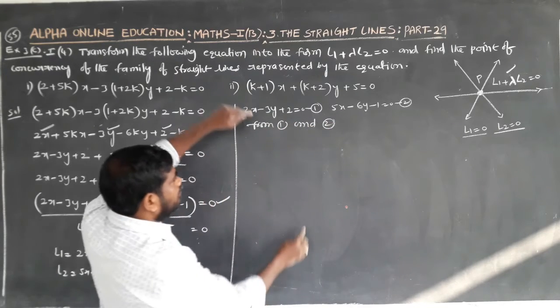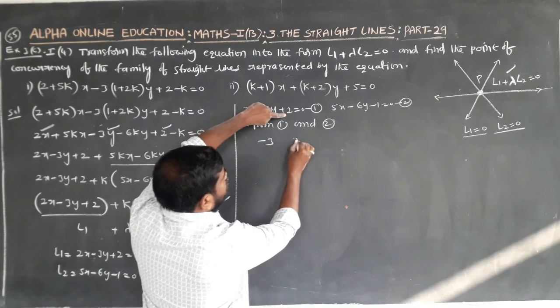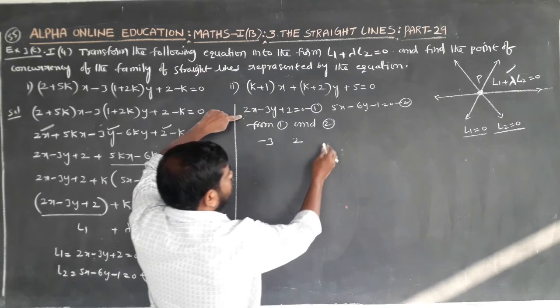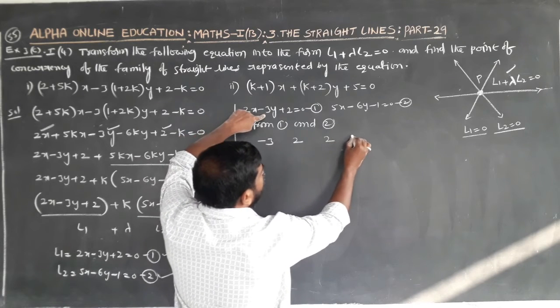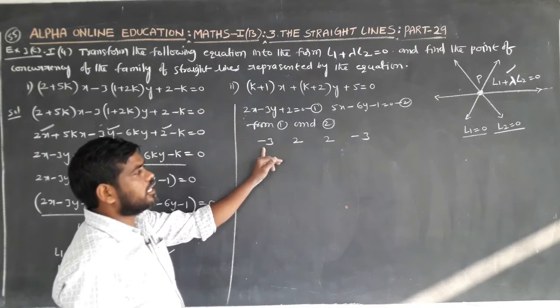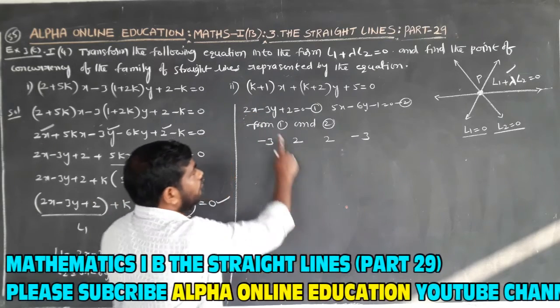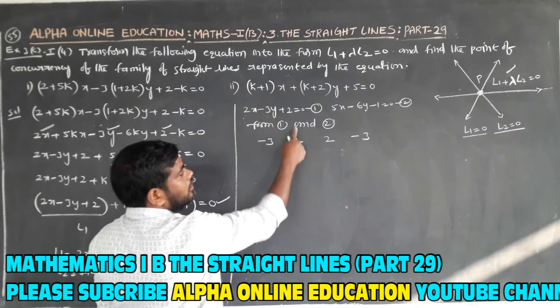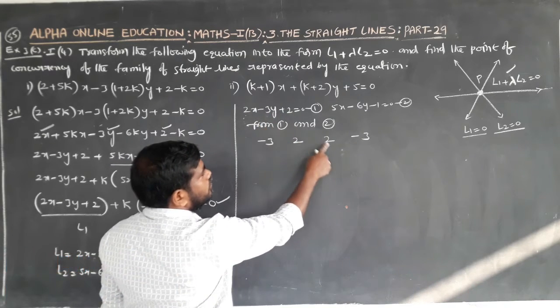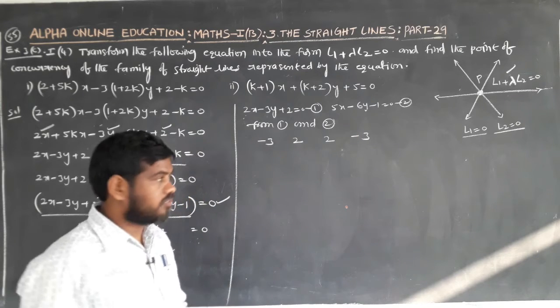First write down the y coefficient minus 3, constant 2, x coefficient 2, y coefficient minus 3: starting and ending with the y coefficient, then constant, x coefficient and y coefficient of the first equation.